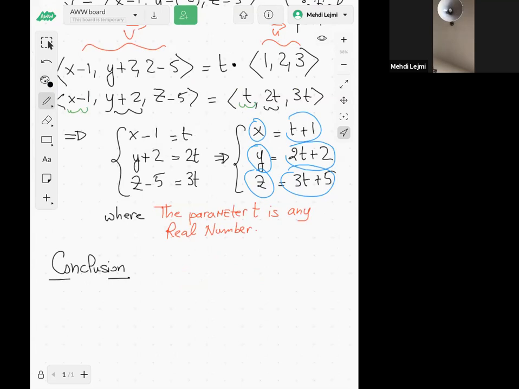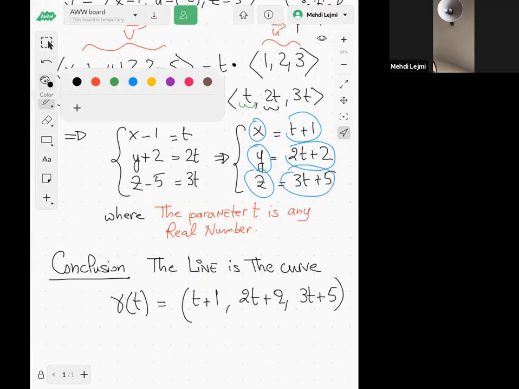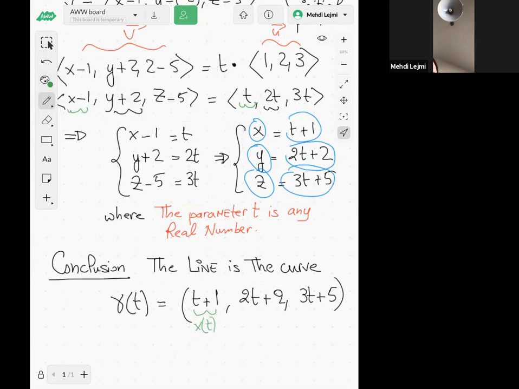The line here is the curve gamma of t, where x of t is equal to t plus 1, y of t is equal to 2t plus 2, and z of t is equal to 3t plus 5. That's exactly the equations of my line L.